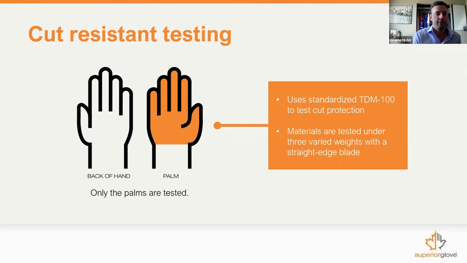So our gloves are designed, manufactured, and tested to have cut resistance 360, the entirety of the glove. The yarn itself is inherently cut resistant. So the standard requires testing across the palm. Manufacturers go above and beyond and make sure that that cut performance is 360. The entirety of your hand is protected.